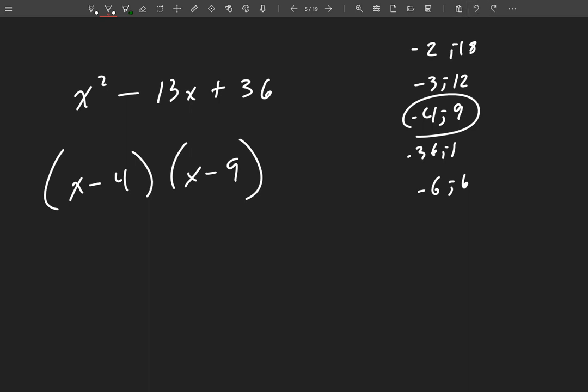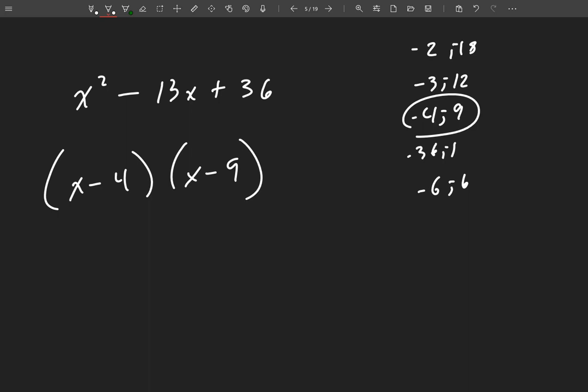So just really quickly, what I would do is say negative 4 times negative 9 is positive 36, and negative 4 and negative 9 added gives me negative 13. Just that extra 3 to 5 seconds of thinking and checking can make all the difference in the world when you're doing these. Because these can be tricky as you're thinking about these negatives, and it would be a shame to miss a lot of problems because you didn't take a few seconds just to check your multiplication or addition.